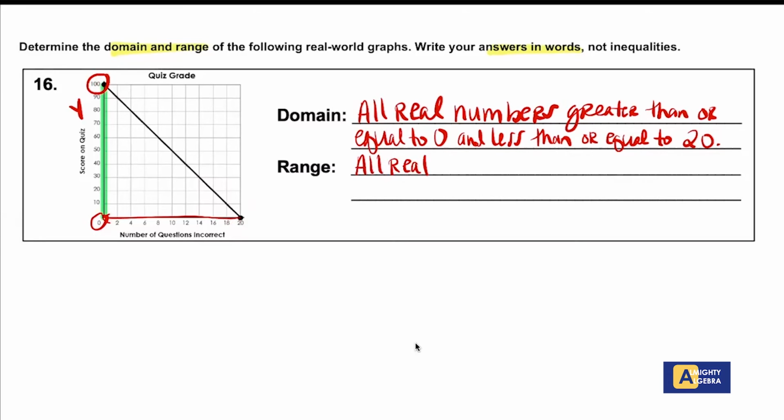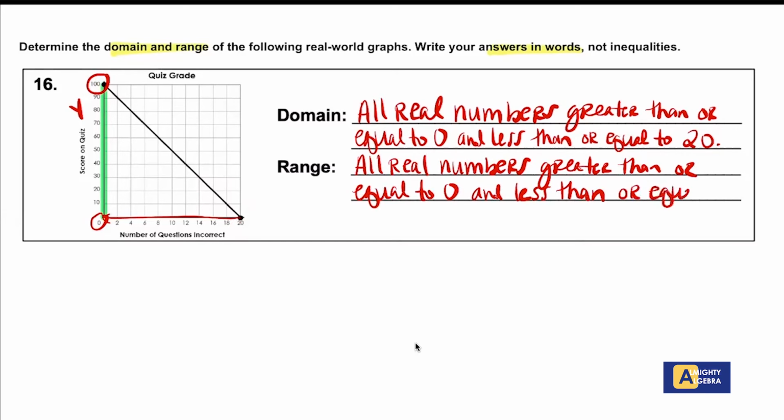All real numbers greater than or equal to 0 and less than or equal to 100. That's my range. And we wrote this in words, not in inequalities.